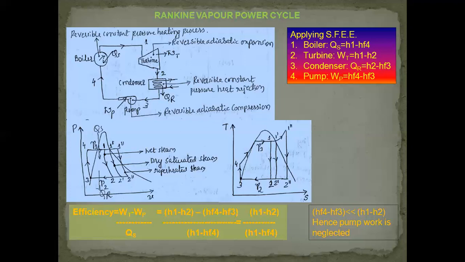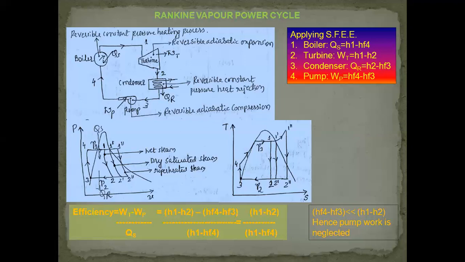Now the same cycle is represented on the temperature entropy diagram. Point 1 within the bell-shaped curve indicates wet steam, 1 dash is dry saturated steam, and 1 double dash is superheated steam. Now 4 to 1 double dash is a constant pressure line on the TS diagram, which is represented as P1, and that P1 is the boiler pressure.